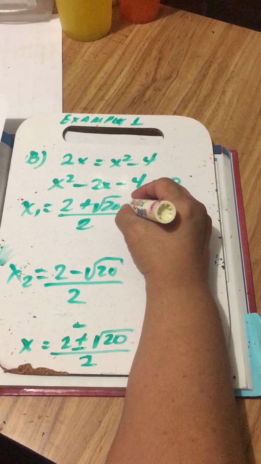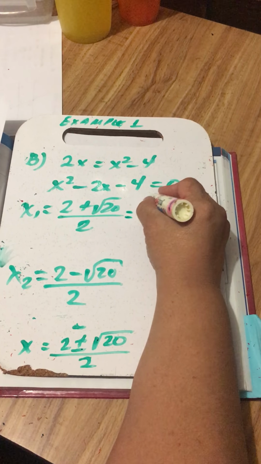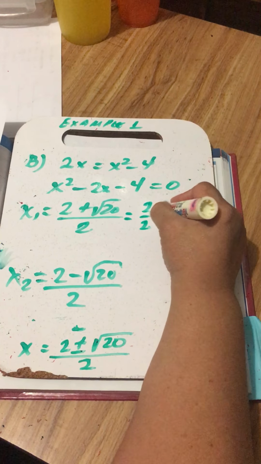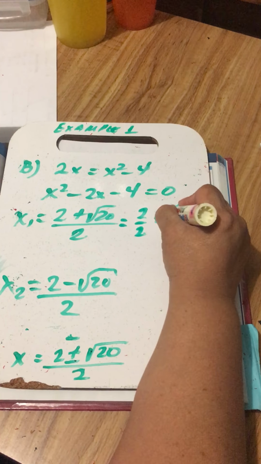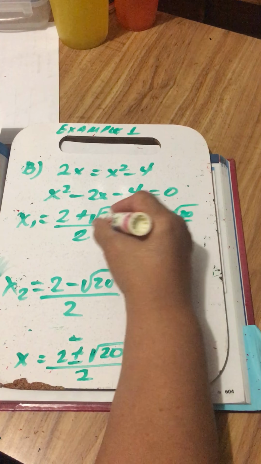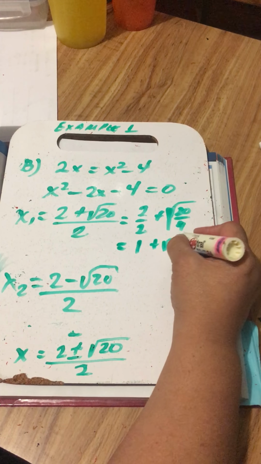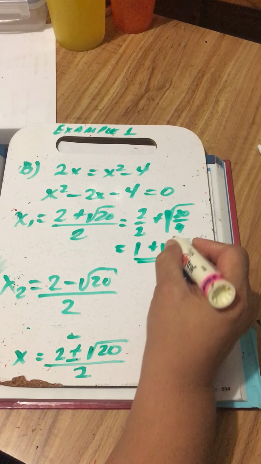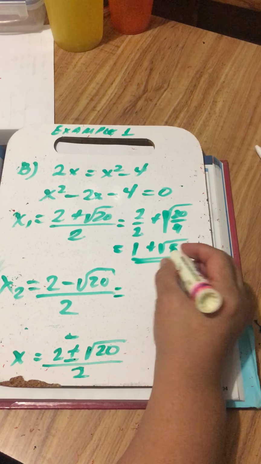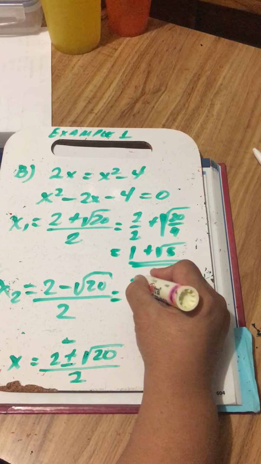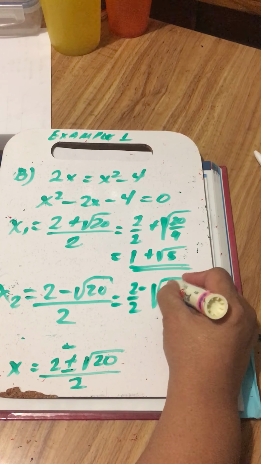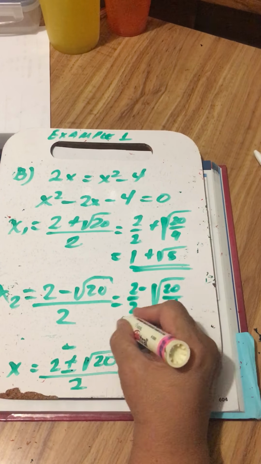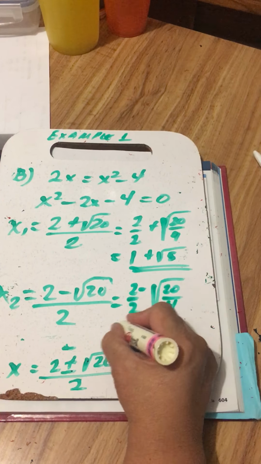Here it is the same, I write 2 divided by 2 plus the root of 20 divided by 4, because I include the 2 inside the root. Then here I obtain 1 plus the root of 20 divided by 4, which is 5. This is the first solution, and the second solution is going to be 2 minus the root of 20 divided by 4. Then the next solution is going to be 1 minus the root of 5.